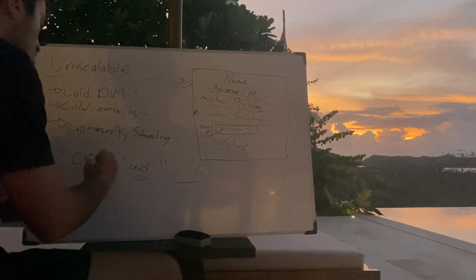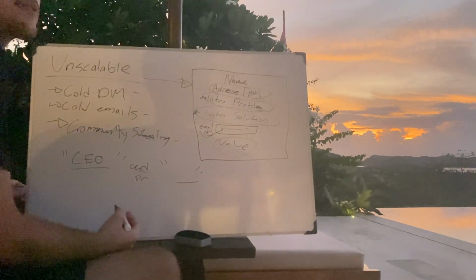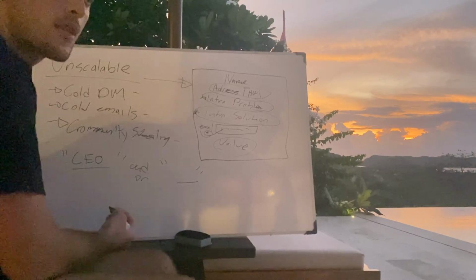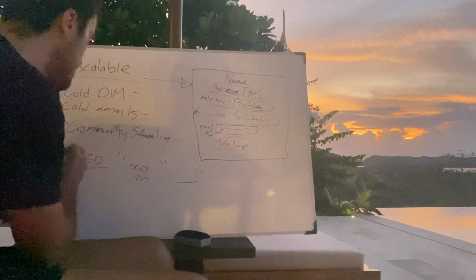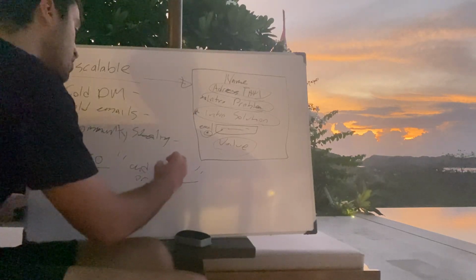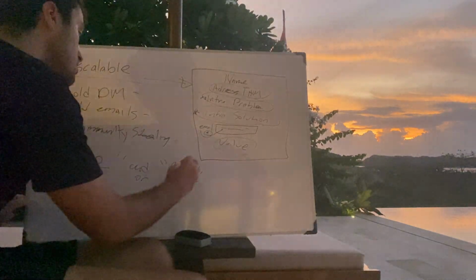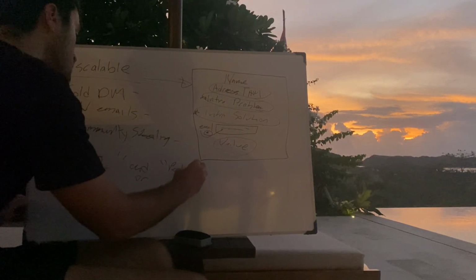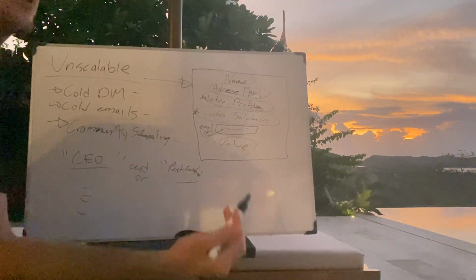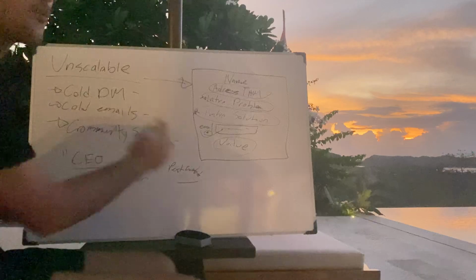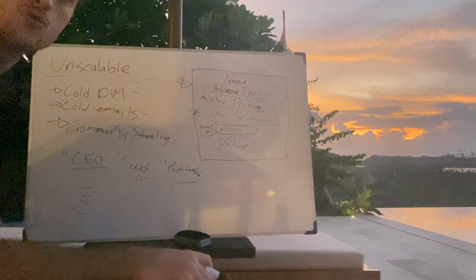CEO, and let's say you're targeting pest control companies. You're building a software for pest control companies. So you type in LinkedIn, in quotation marks, CEO and pest control. You're going to get a list of every single person who has the title CEO and works in pest control. So the owners of pest control companies.